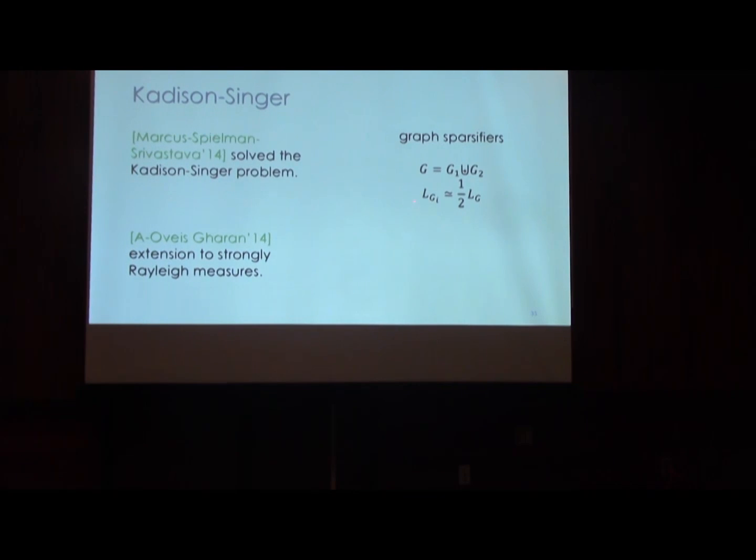But roughly, in terms of graphs, the result of MSS was implying this: if you have a graph that satisfies the conditions they need in their theorem, low effective resistance, which is the thing Amin was talking about, then you can partition the edges into two parts such that the Laplacian on each part is roughly 1/2 the Laplacian of the whole graph.